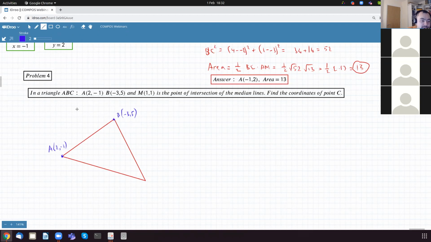Okay, whatever that is. So the median line, you probably know that it connects the vertex to the center of the opposite side. Median line. So bam, bam, bam.